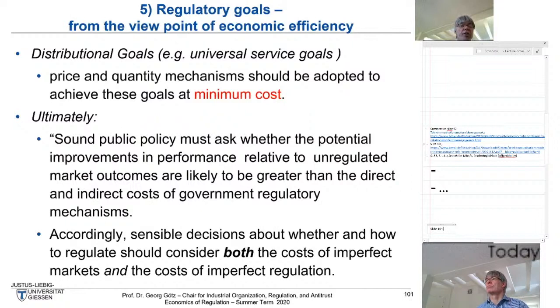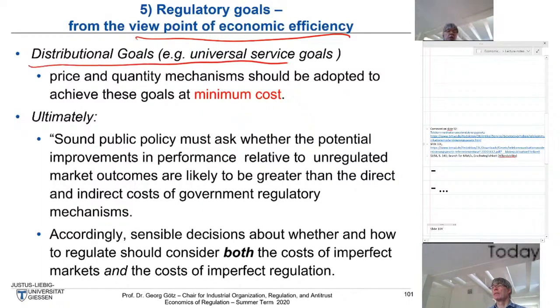And I already told you about these other regulatory goals from the viewpoint of economic efficiency. Here we have the distributional goal, like the universal service goal. This is not directly an economic efficiency argument, but it is an argument that we want to achieve these goals efficiently, at minimum cost.